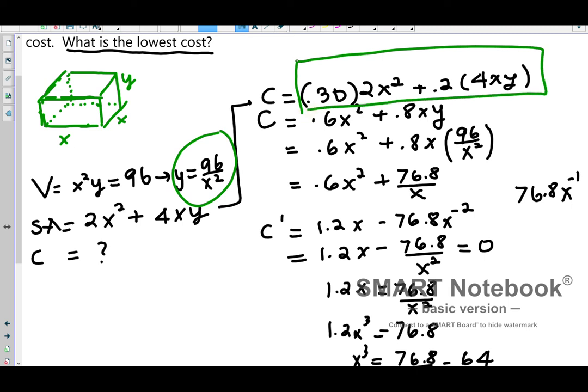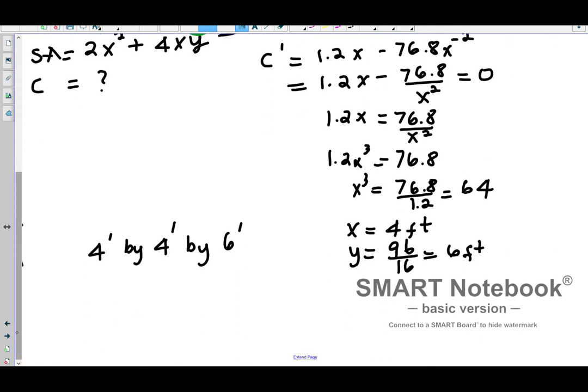So 0.30 times 2 times x squared. Actually, let me go to the simplified version of that, which is this one. 0.6 times x squared plus 0.8 times xy. So let me bring it down here. So the cost will be 0.6 times x squared plus 0.8 times xy.